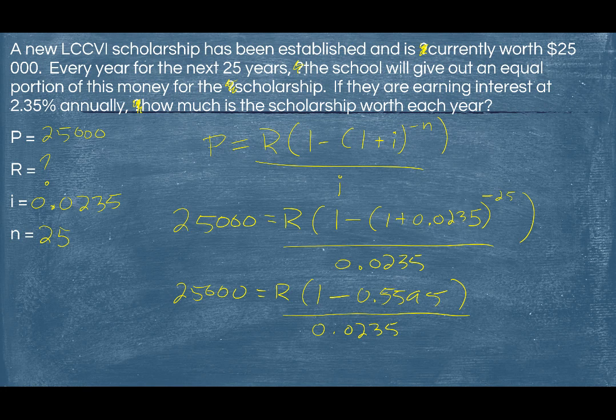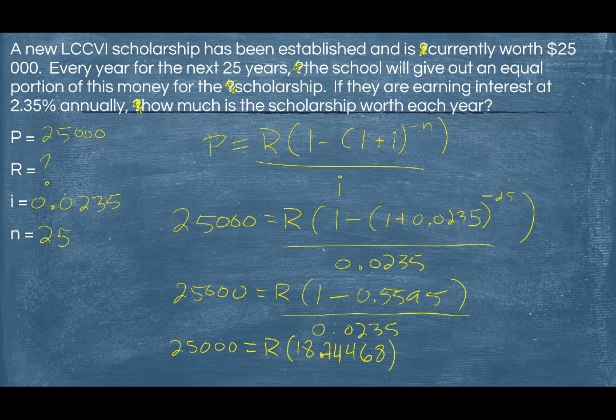And I'm going to divide that 0.4405 by 0.0235. It equals, and it gives me 18.744. I'll write that down. 25000 equals R times, I've got it right to a few digits, 18.74468.